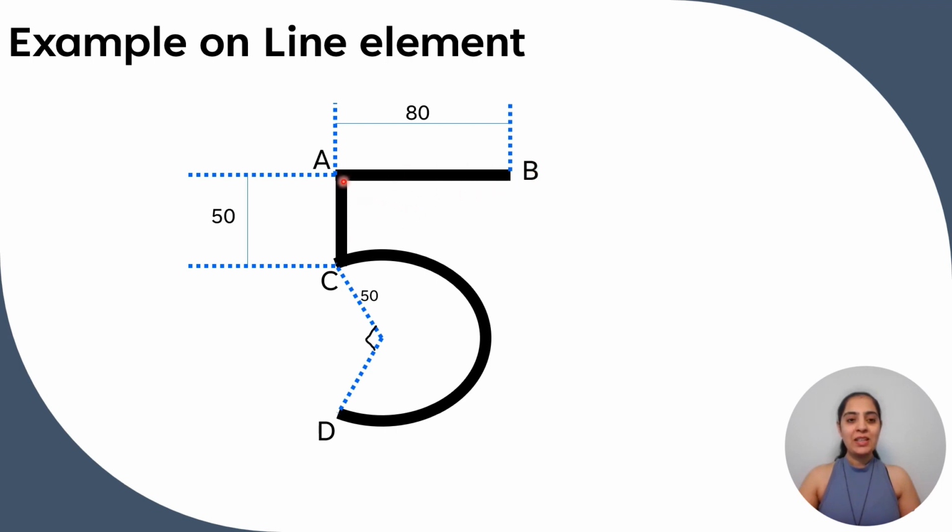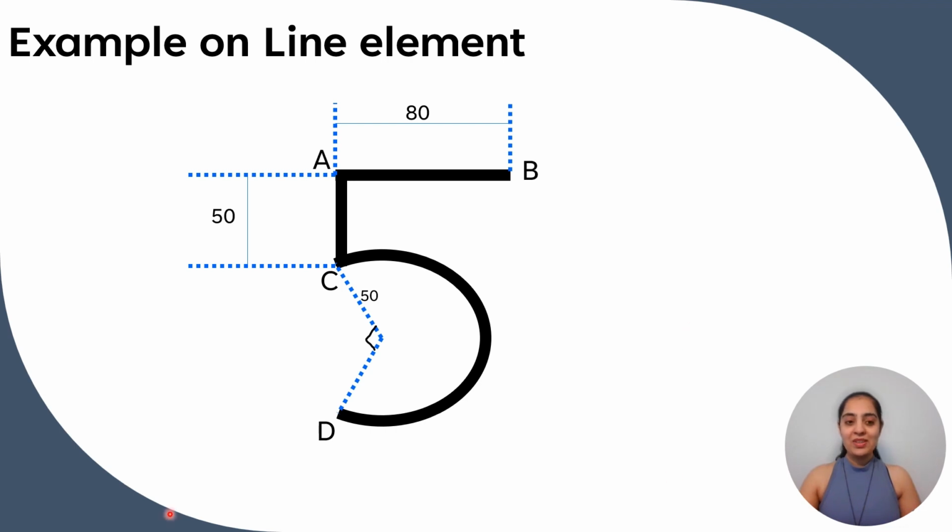Elements AB, AC and chord CD, which has a radius of 50 units, and C and D are on the same line, and a 90-degree angle is subtended at the center O by the radii OC and OD.